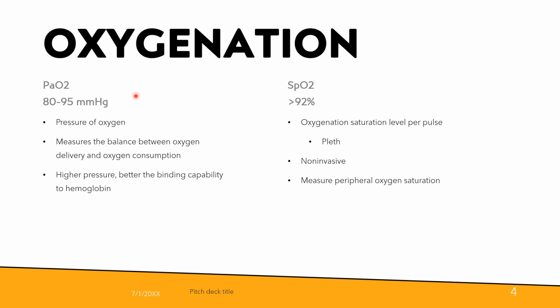So we're using up all of our oxygen from our arterial gas before it can reach right where we drew it from. Compared to our SpO2, which is just the oxygen saturation per pulse, what percentage of our hemoglobin is carrying oxygen? It gives us a good idea of how well our patients are oxygenating, where this can also tell us oxygenation and a little bit of ventilation.